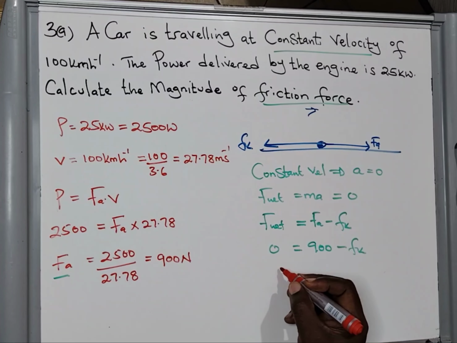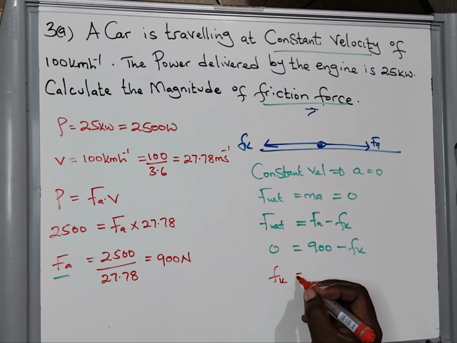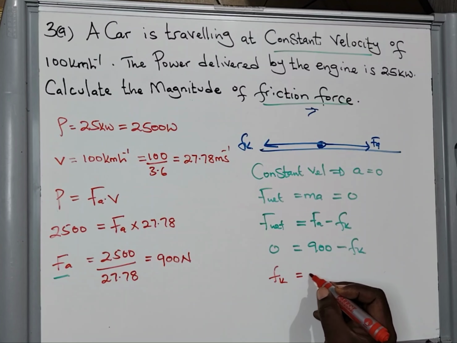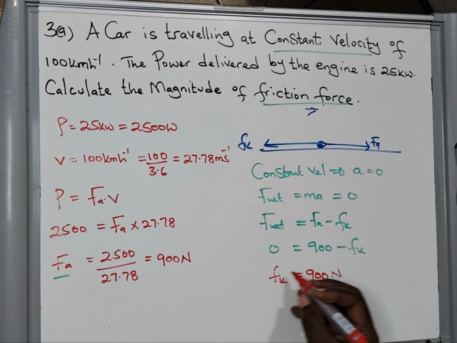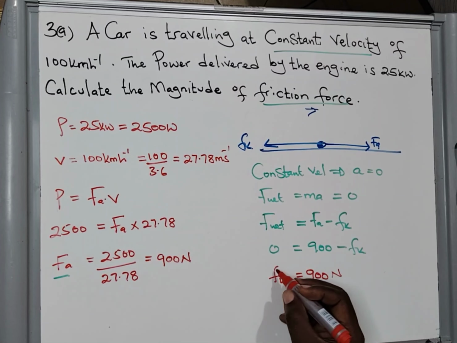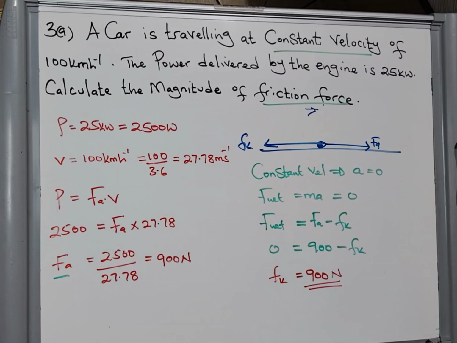From here, it's very apparent that F_k is equal to 900 newtons. Yes, that is that.